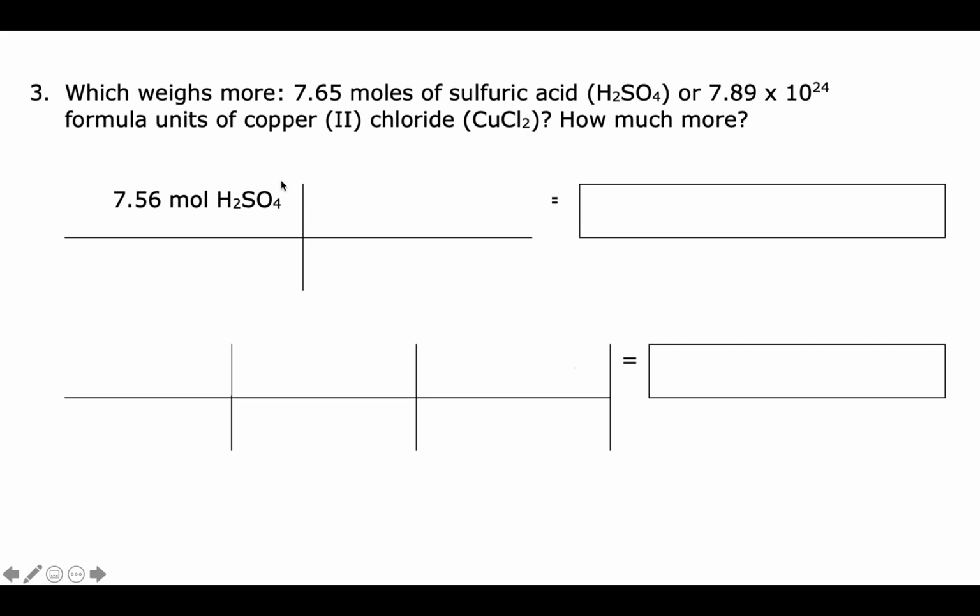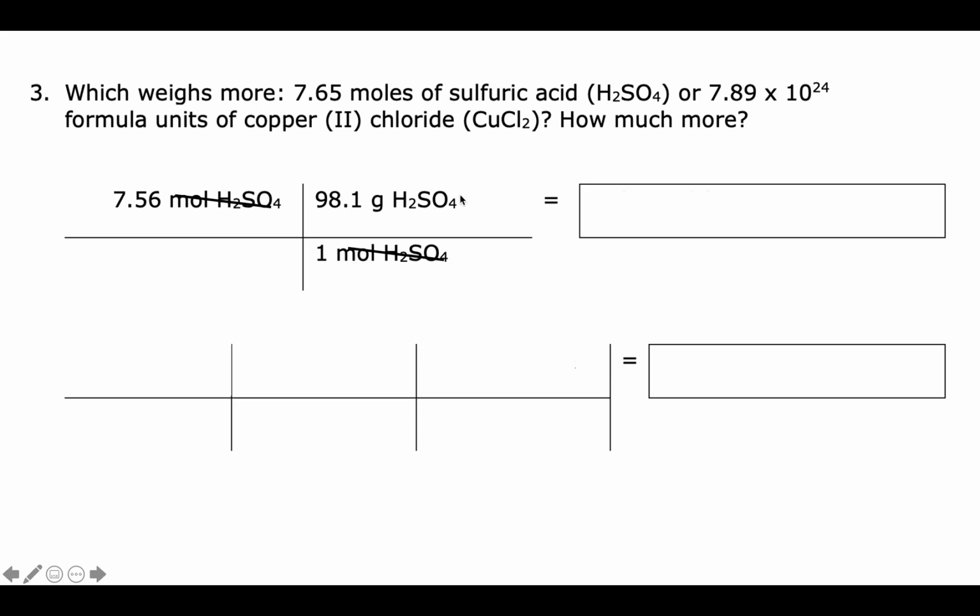We go to the periodic table to get the molar mass of sulfuric acid, H2SO4. We add carefully: hydrogen is 1.0, sulfur, and 4 oxygens, add that up, and we come out with the molar mass of sulfuric acid, which is 98.1 grams per 1 mole. Notice we put the moles on the bottom so we can cancel that out and get to grams.